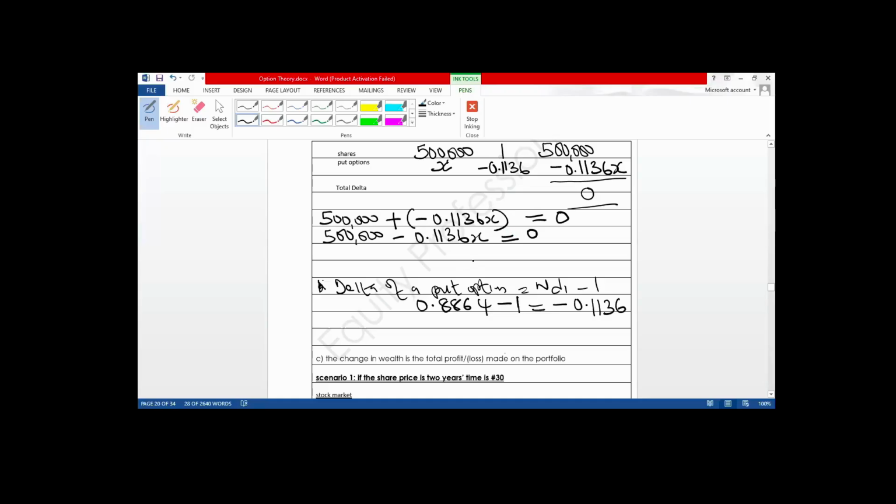Collect like terms. Negative 0.1136X is equal to negative 500,000. Negative, we cancel out negative.